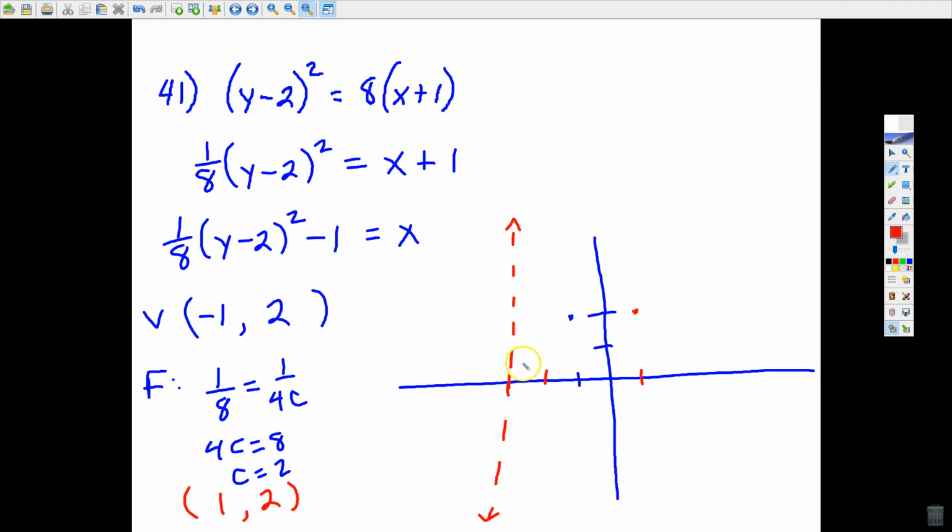Well, it's not going to be y if it's vertical, and 3 would be over here. Okay, x is negative 3 is my directrix.